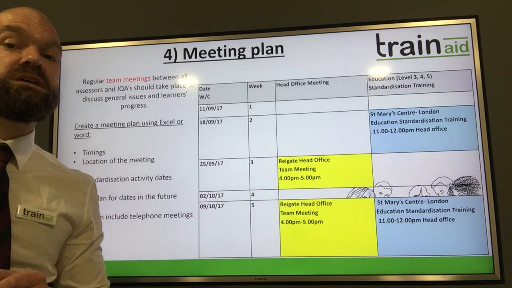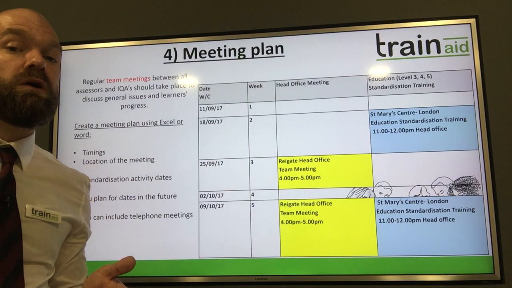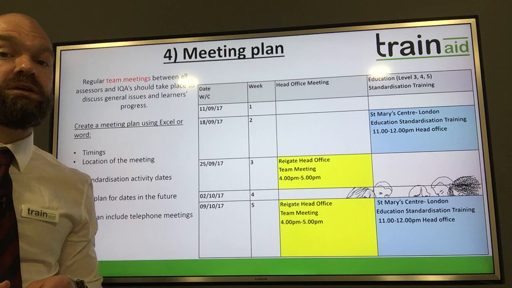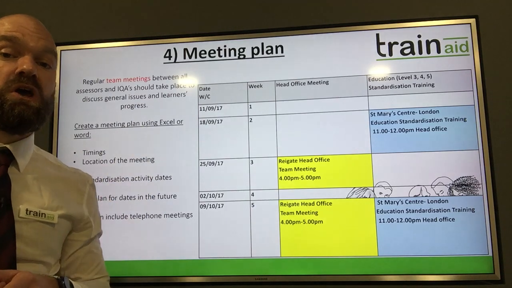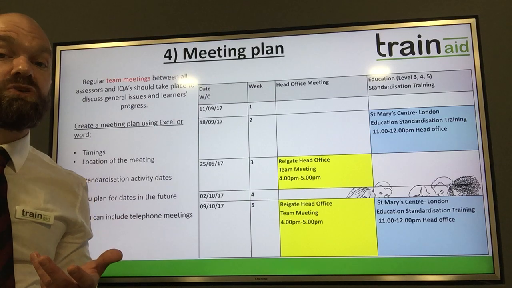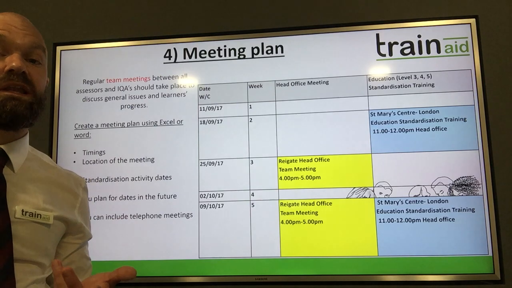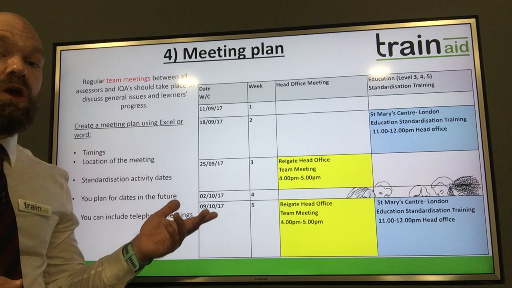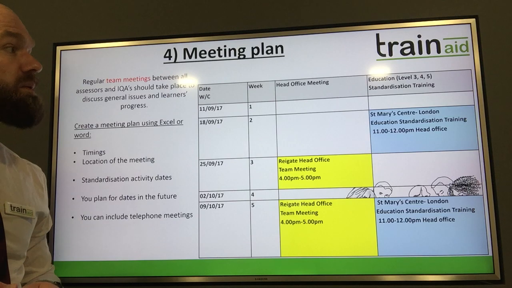The next section is a meeting plan. A hallmark of an IQA is to show that you are plotting and planning meetings to discuss qualification updates with your team, and providing them with the latest updates and any changes that can occur. This is an example of a meeting plan.